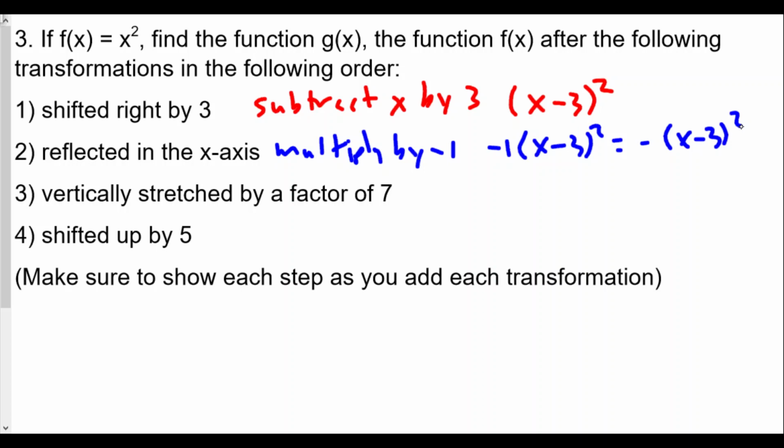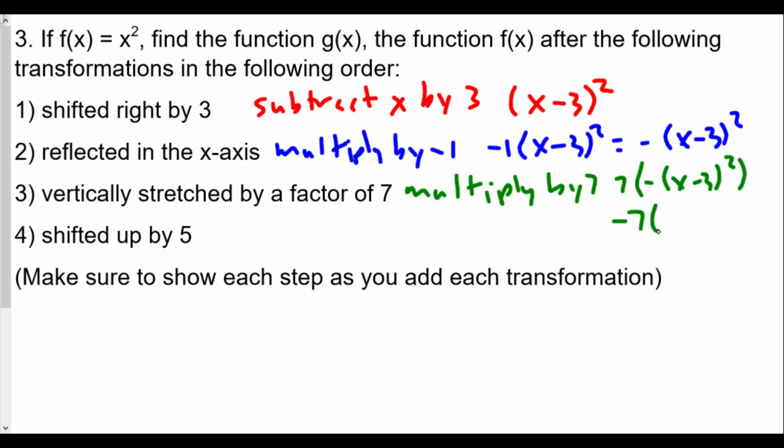Vertically stretched by a factor of 7 means we're going to multiply by 7, which means we get 7 times negative parentheses x minus 3 squared, which will give us negative 7 x minus 3 squared.